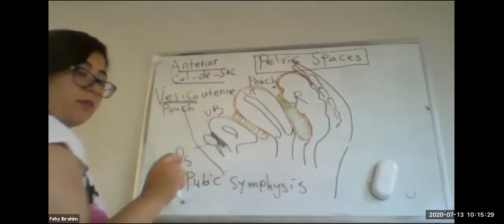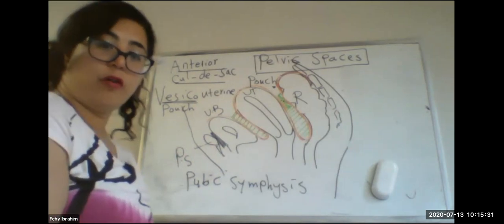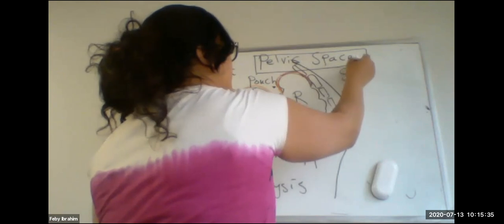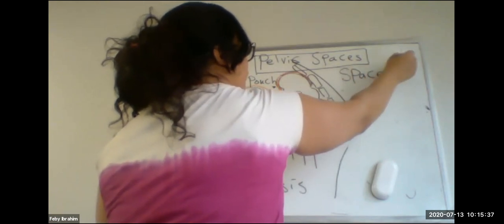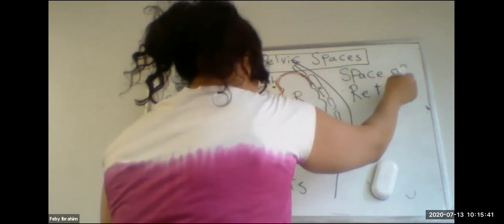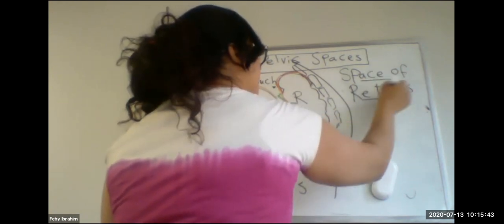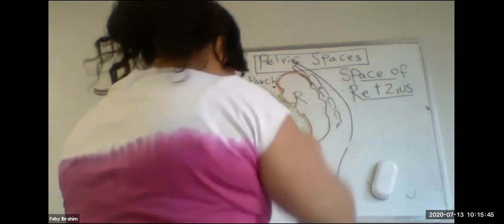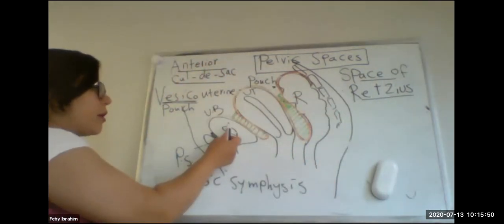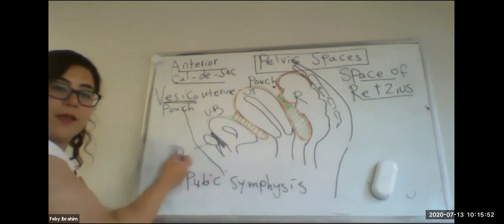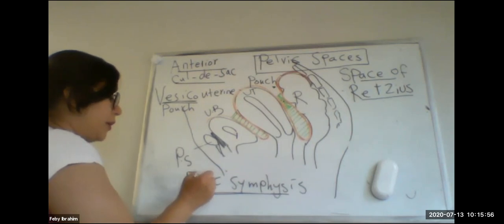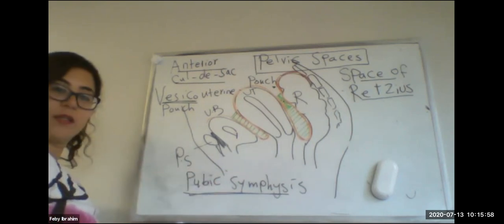This space is called the space of Retzius. So this one, guys, is between the urinary bladder and the pubic symphysis.